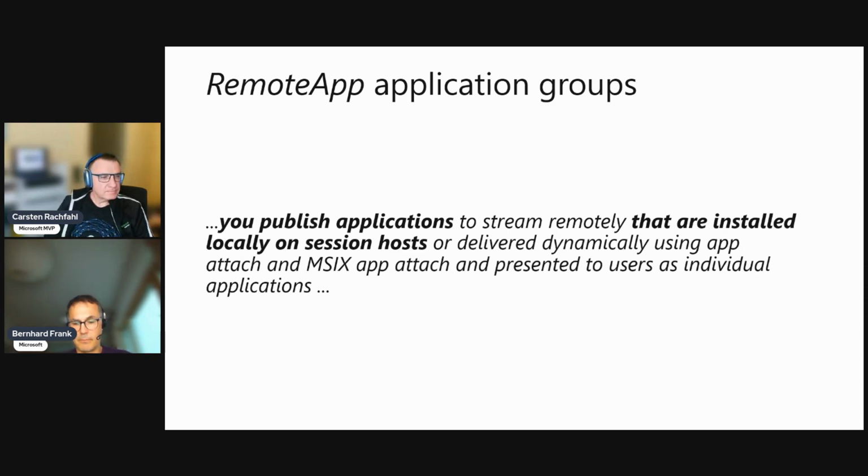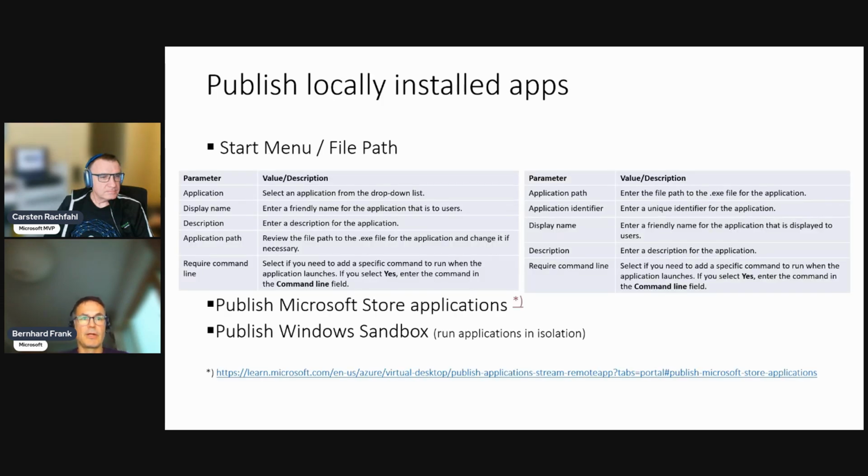Okay. Yeah, let me just jump forward. And how do we do that? Before we dive into the Azure portal and go to your system, there are some questions that we obviously need to ask. The applications that you can publish are either visible through the start menu, right?